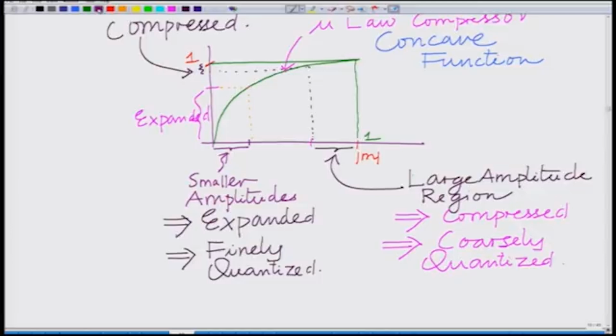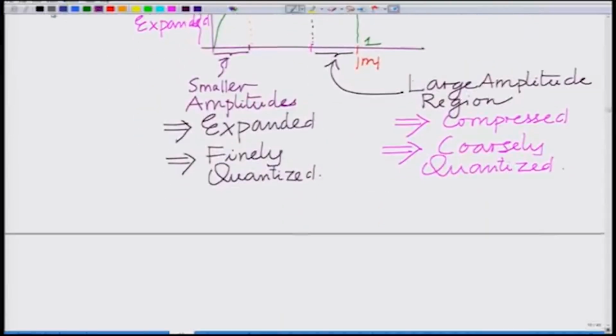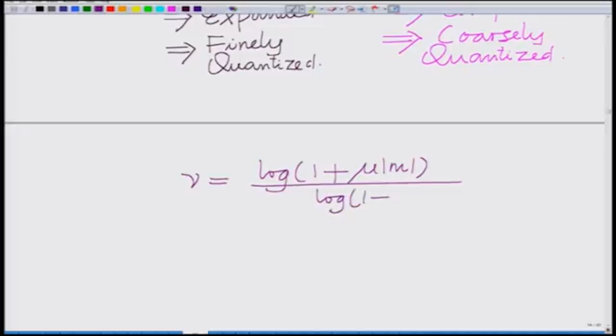Okay. And further, if you look at this characteristic for mu, let us write this again: phi of magnitude of m equals log of 1 plus mu magnitude of m, divided by log of 1 plus mu.